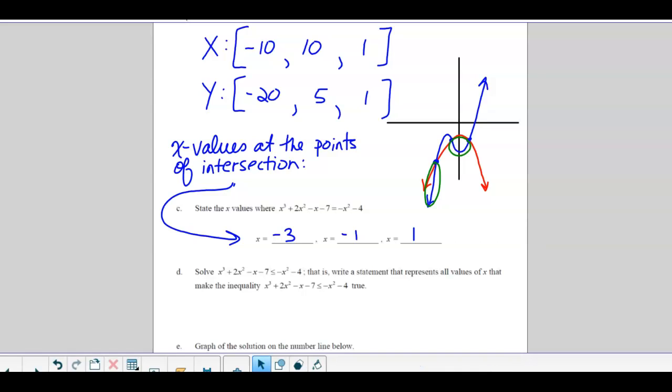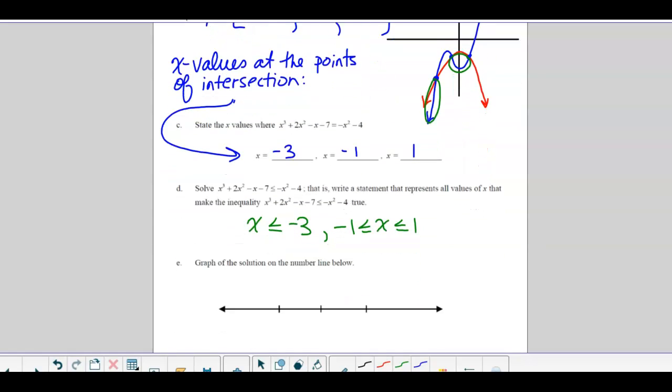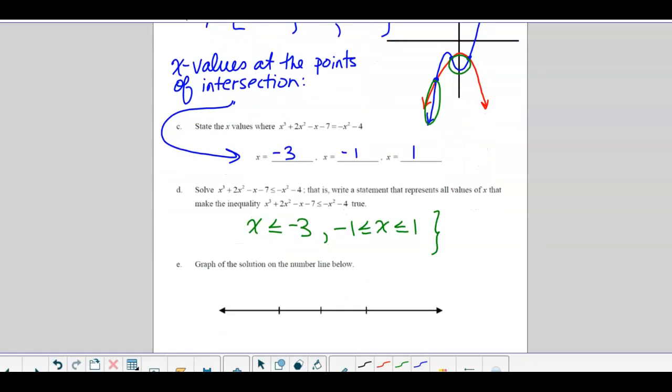Okay, so that's going to be x less than or equal to negative 3, and then everything between negative 1 and positive 1. So that's your solution. You can put it in squiggly brackets if you want.